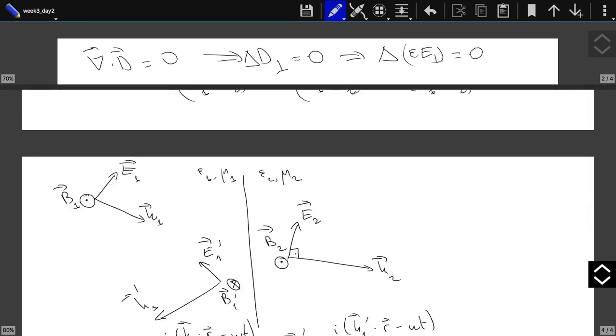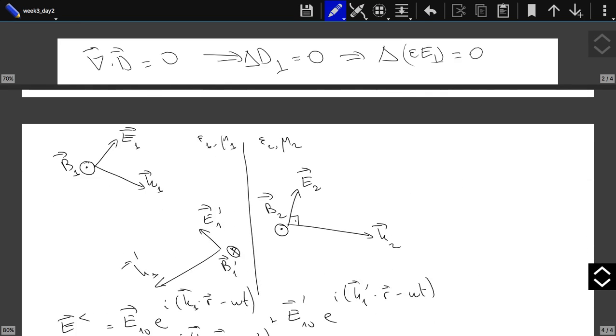And there's one thing I would like to warn you about. We will be using such sketches all the time. But this doesn't mean that I have a wave at this point moving in this direction. My wave is everywhere. It's not at that point or at this point.